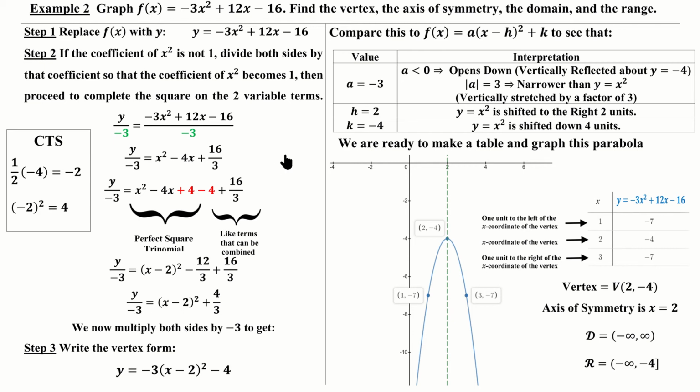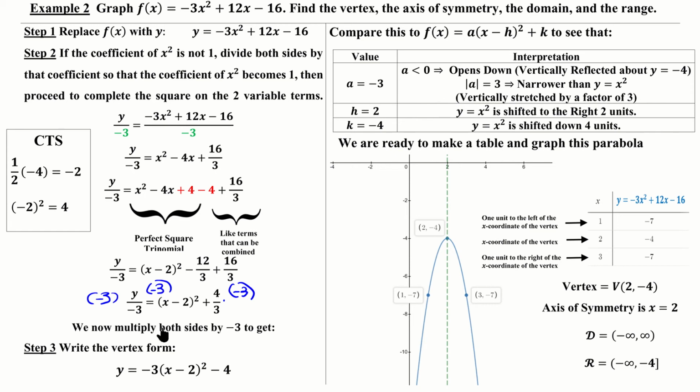So notice that this is what's happening. We're multiplying by -3 on this side and also on the other side, and of course remember we have to distribute, so each of these 1, 2, 3 terms is going to get multiplied by -3 because of distribution.